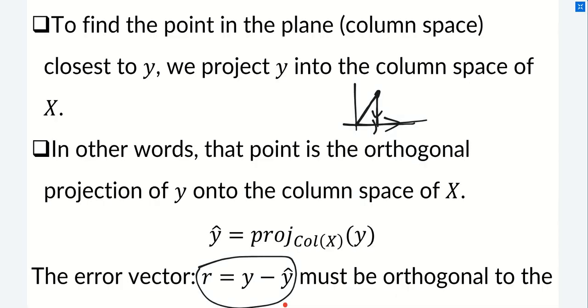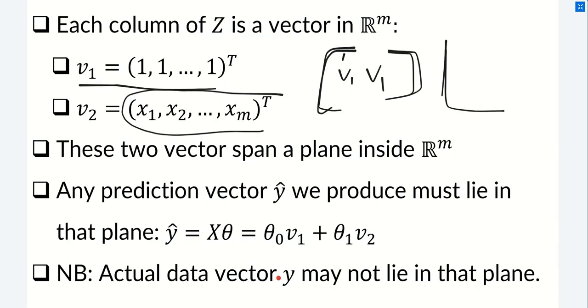Okay. Yes. All right. So what I'm saying here is each column of Z is a vector in this dimension, right? But what we are doing here is putting it in a matrix form. And I want you to remember that this M is like a point.